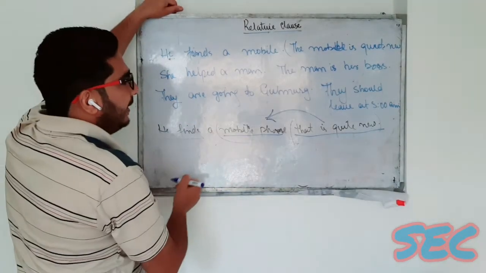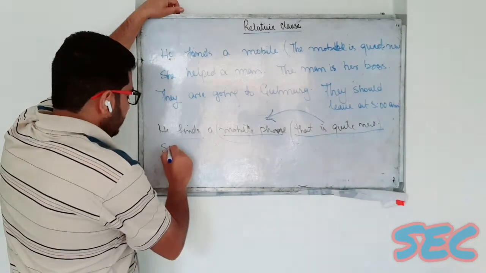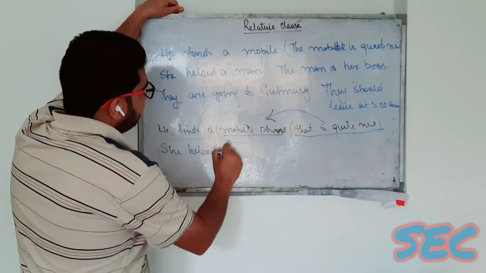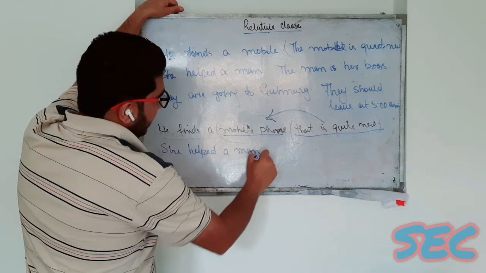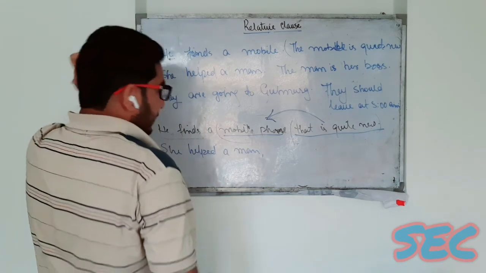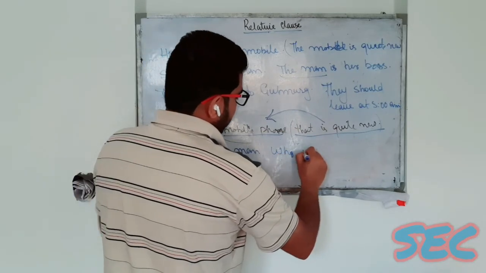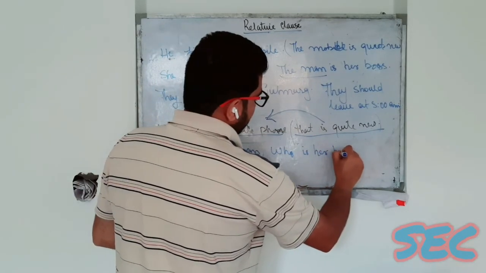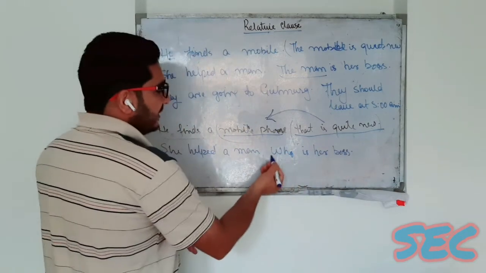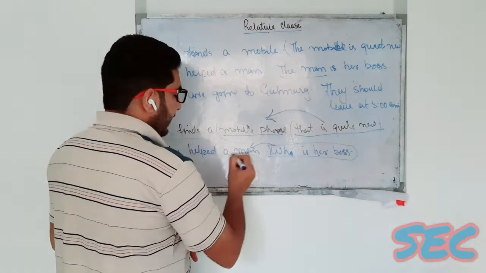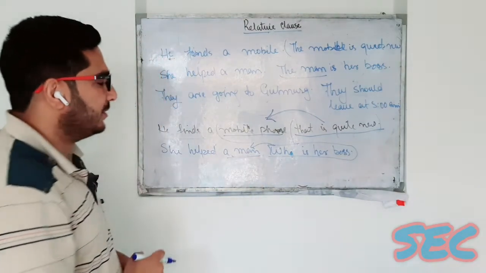She helped a man. The man is her boss. She helped a man who is her boss. So this second sentence we change into a relative clause, and it gives us more information about the man.